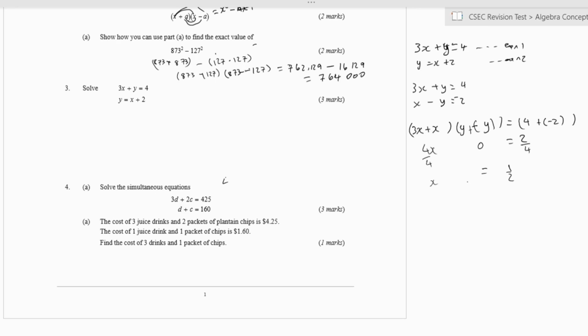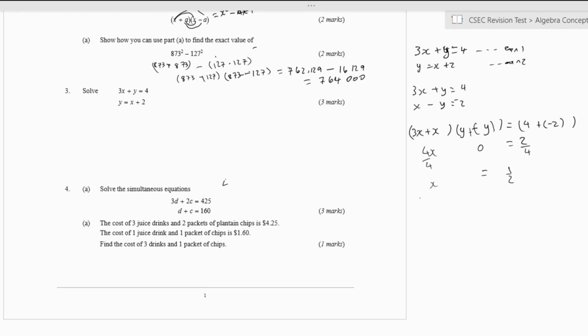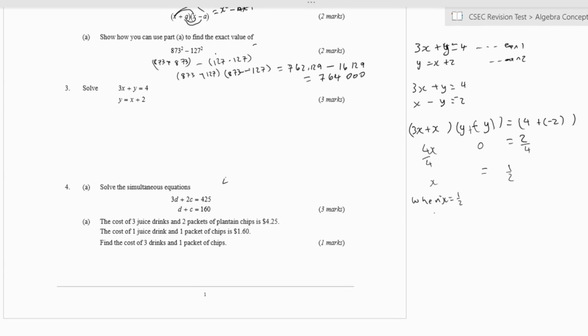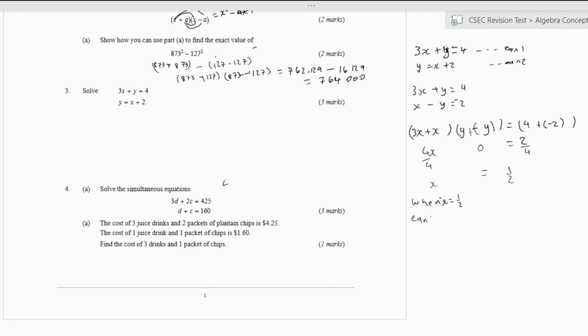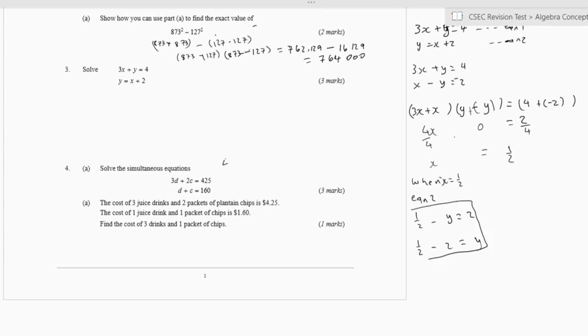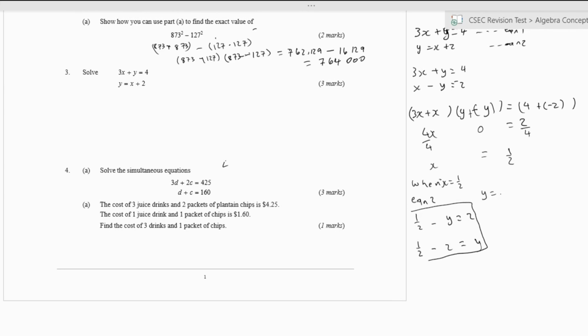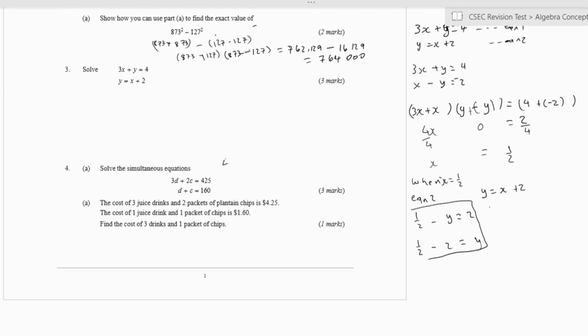When our x is equal to a half, for our y we're going to use equation 2, written back in the original form of the equation. When our x is equal to a half, our y is equal to x plus 2.